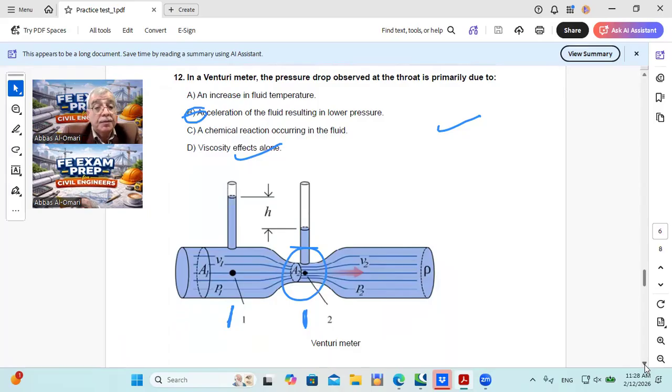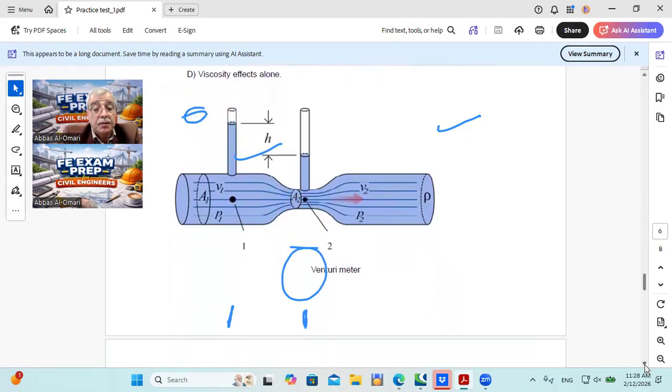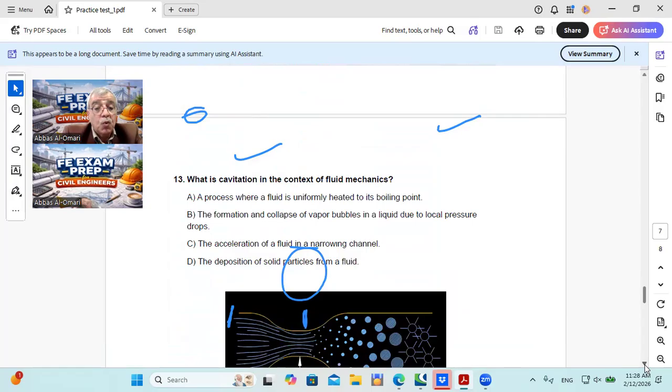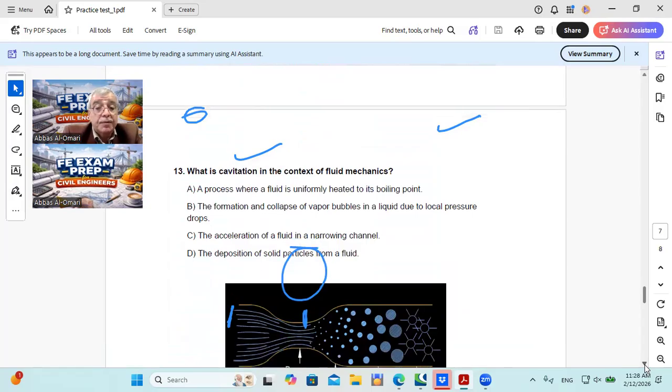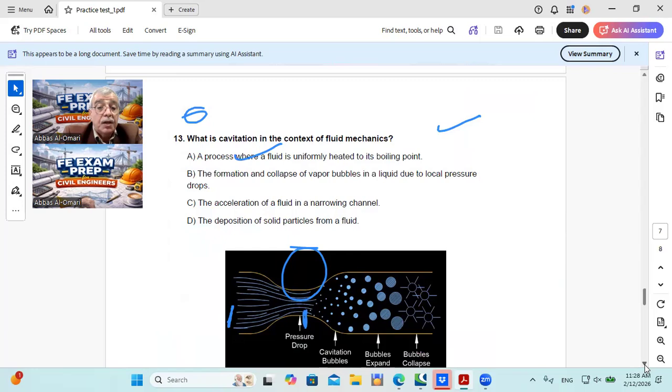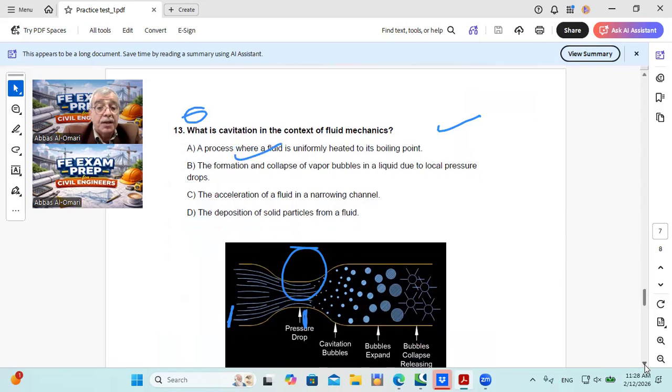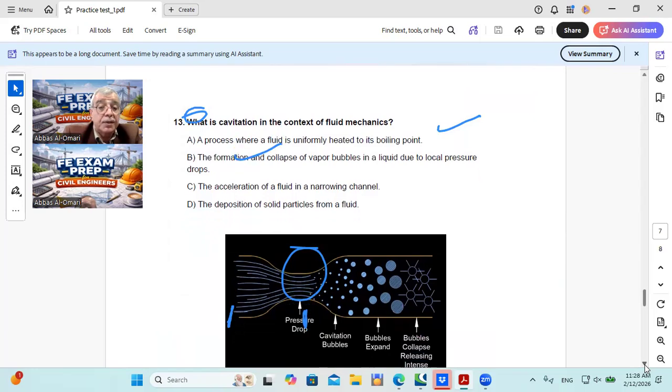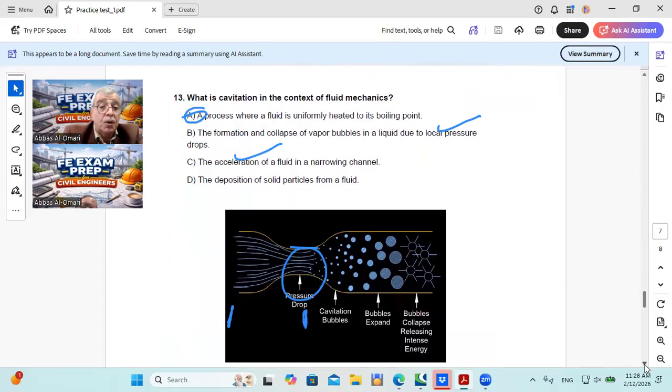The next question. What is cavitation in the context of fluid mechanics? Now, in fluid mechanics, cavitation occurs when the pressure drops below the vapor pressure of the fluid.